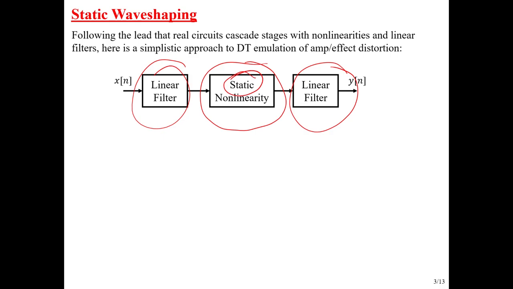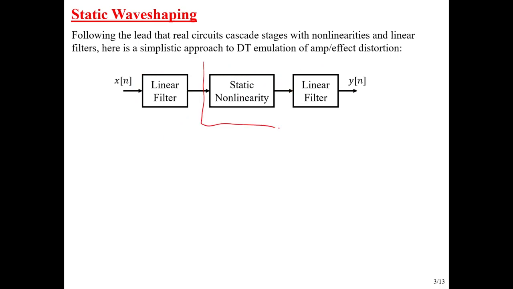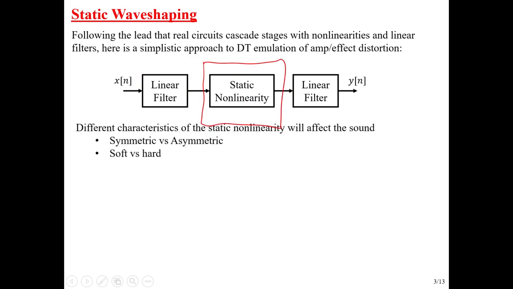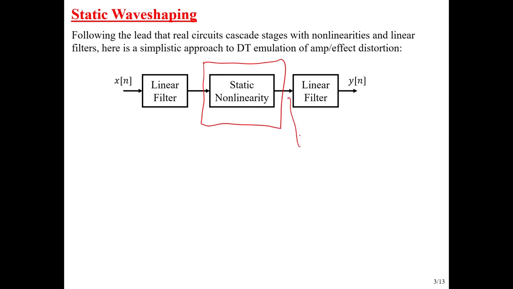The static nonlinearity means this is a function whose output here depends only on the one and only one sample in. So whatever is here at a given time completely determines what is here at a given time. That's different than a linear filter, right? Remember, convolution or recursive filter, ideas of difference equations.